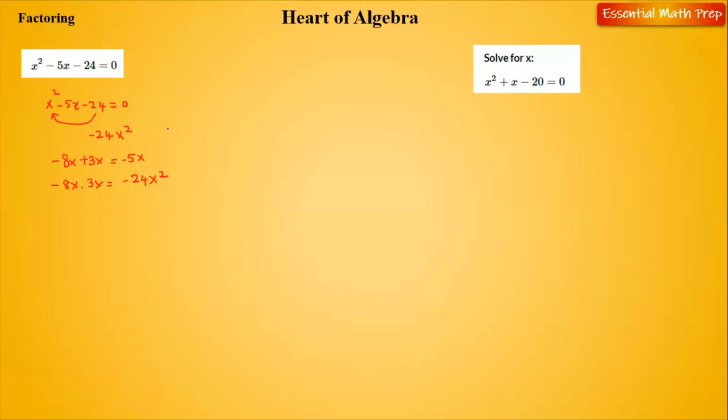Okay, so that means we now substitute minus 8x plus 3x for minus 5x in the above expression, which would then give us x squared minus 8x plus 3x minus 24 equals 0. So if you take this portion of the equation and take x out, it's x minus 8. And if you take 3 out in the other portion, it's x minus 8 as well.